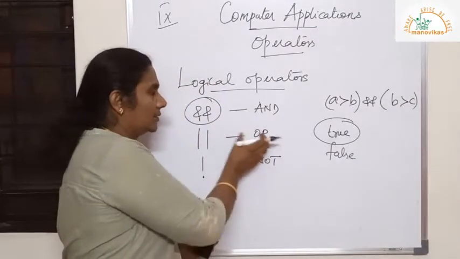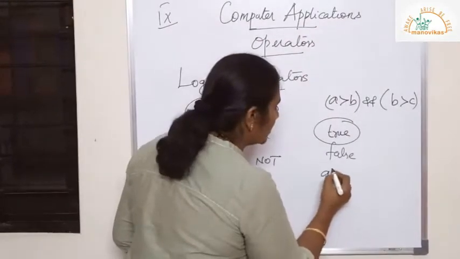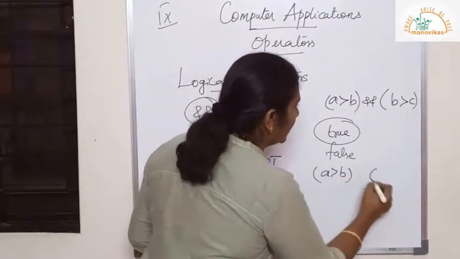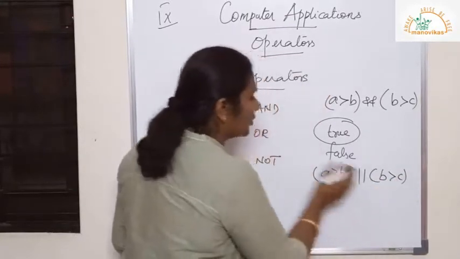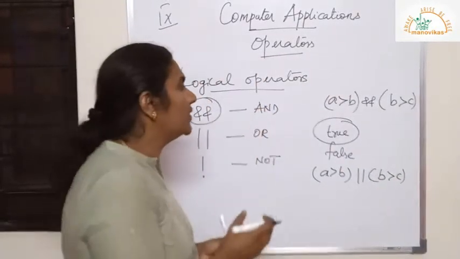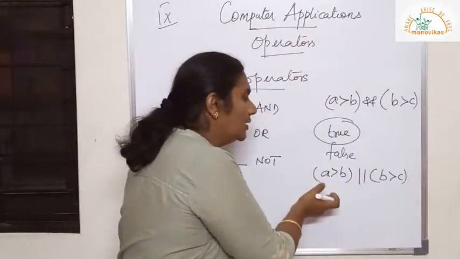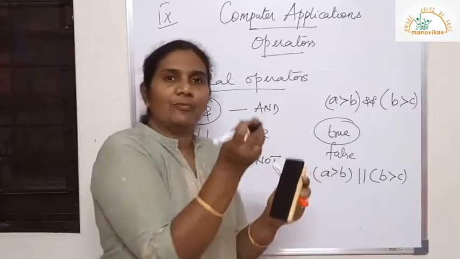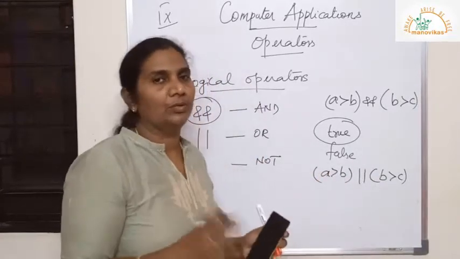And the next operator is the OR operator. So OR is also used to connect two relational expressions. But the difference between the OR and AND operator is, here if at least one expression is giving the answer as true, your output will be true.